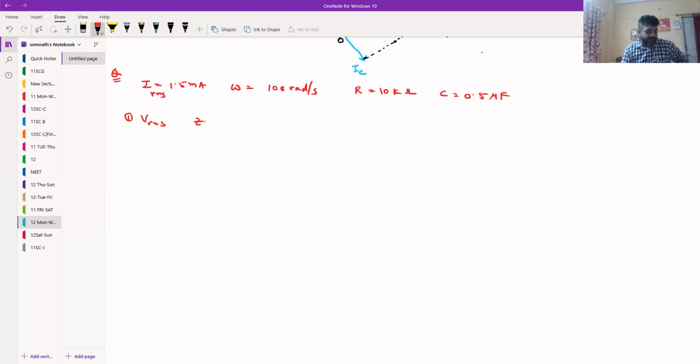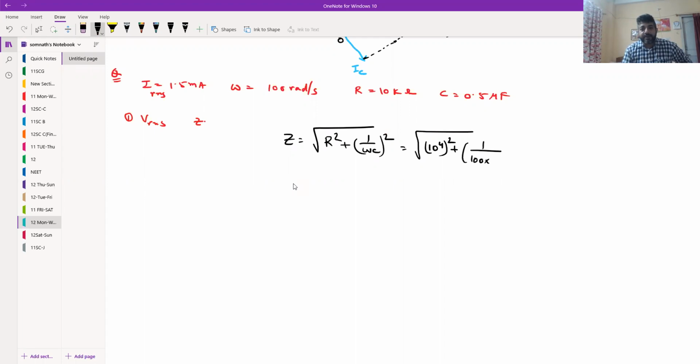First, to calculate the impedance, I can directly write Z equals the square root of R square plus 1 by omega C whole square, yes or no? R is 10 to the power 4, whole square, plus 1 by omega C. Omega is given as 100, so it is a little easy. Omega C is 1 by 2 into 10 to the power minus 6.